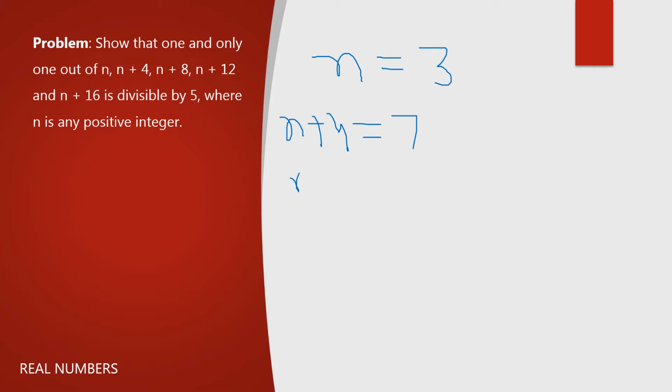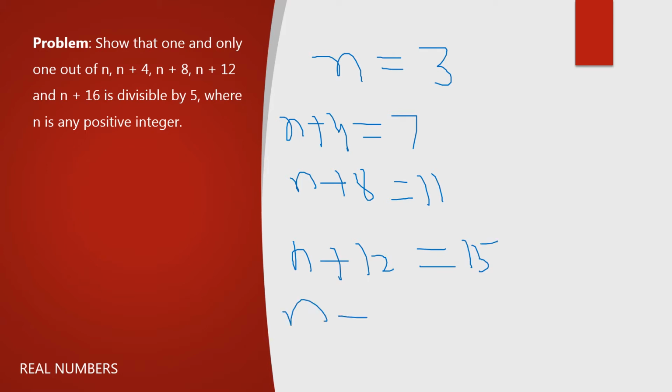The next value, n plus 8, is 3 plus 8, which is 11. The next value, n plus 12, is 3 plus 12, 15. And the last value, n plus 16, is 3 plus 16, 19.